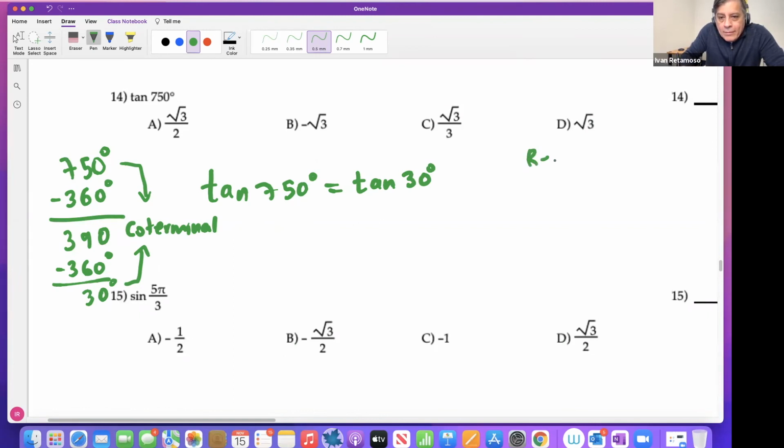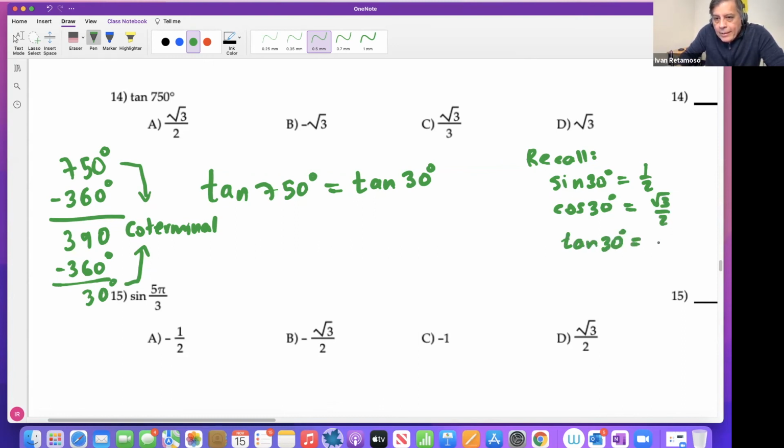Recall I gave you the trigonometric functions of 30: sine of 30 is 1/2, cosine of 30 degrees is square root of 3 over 2, and tangent of 30 degrees is just the square root of 3 over 3. So this is what we need here: square root of 3 over 3. That's it. That is 14, right? Very good, guys.